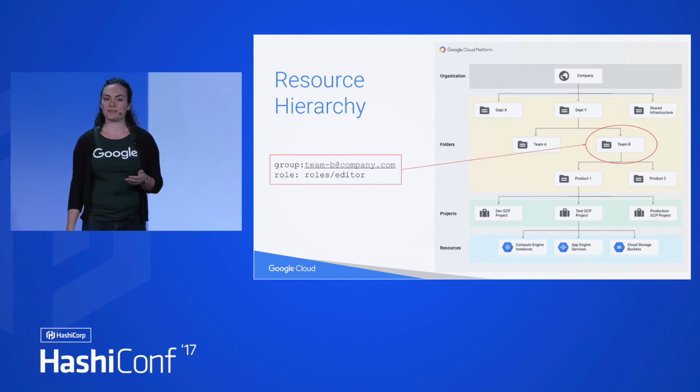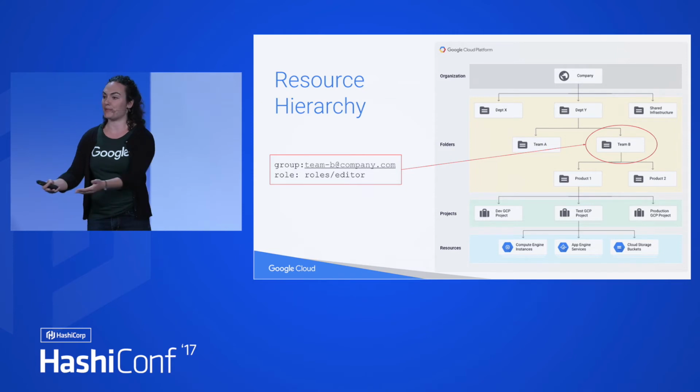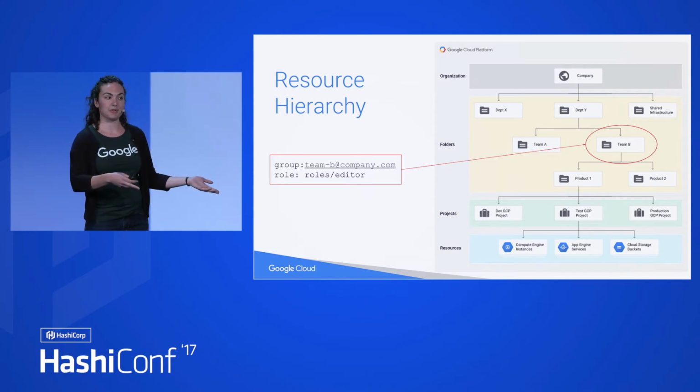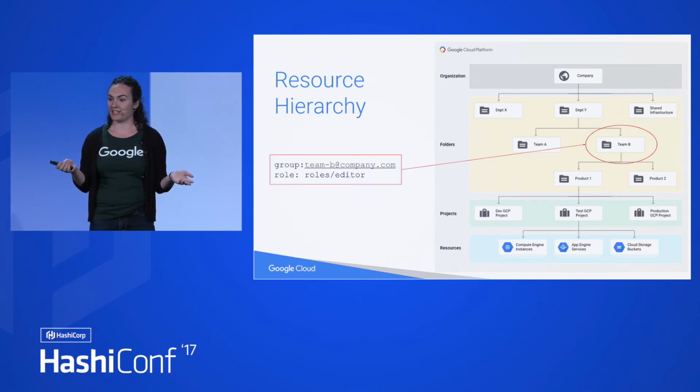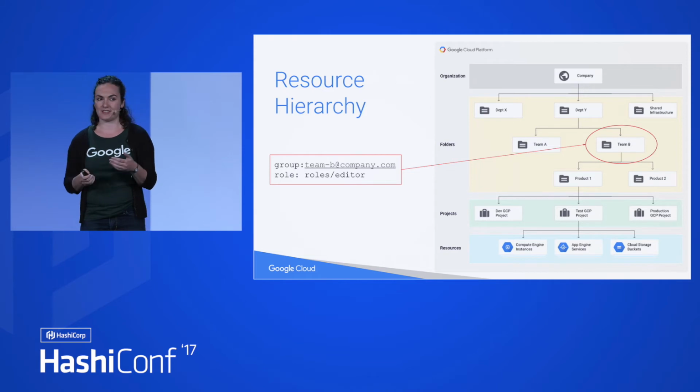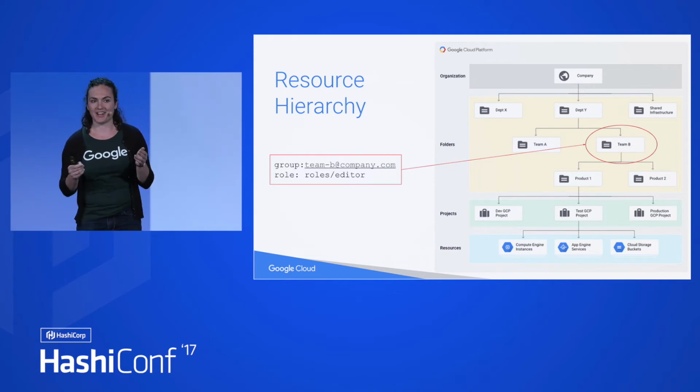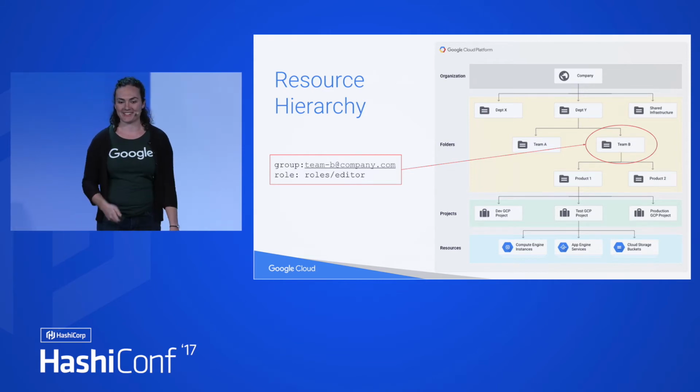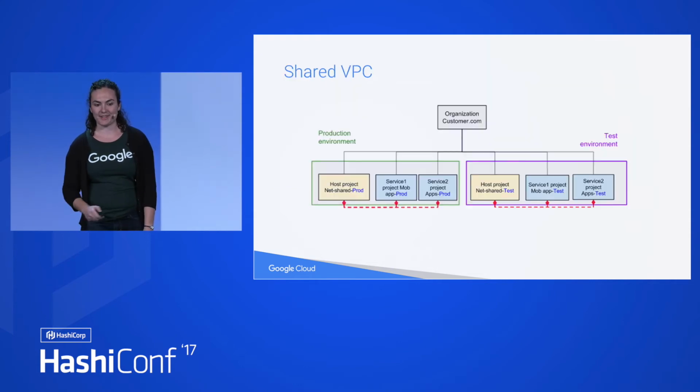And so if somebody leaves your team, you remove them from the Google group. Now they can't access the things anymore. Somebody new joins the team, you add them to the Google group, and now they have access to everything that they need. It makes things really simplified. You don't have to worry about people leaving the company and accidentally taking resources with them. I mean, that's not literally how it happens, but it makes it pretty convenient.